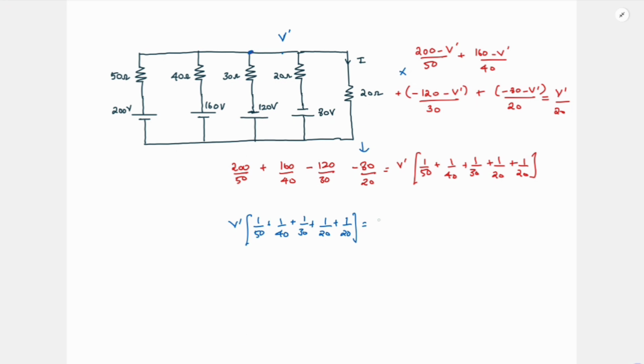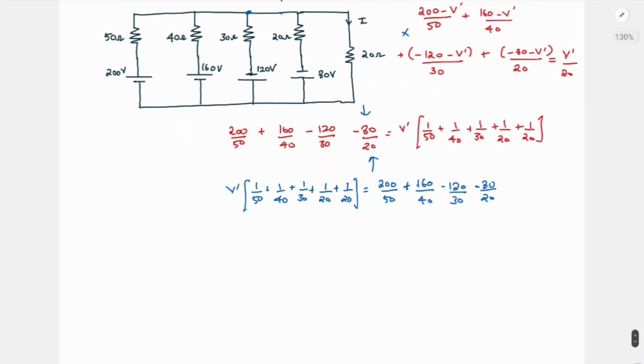This 50 ohm is connected to 200, so 200 by 50, plus 40 ohm is connected to 160, so 160 by 40, plus here it is minus 120 by 30, minus 80 by 20, and here it is 0 by 20, which is nothing but 0 itself, so we needn't write this term. If you observe, this is nothing but what we got already. By writing it this way, we saved a step and hence we can save time.